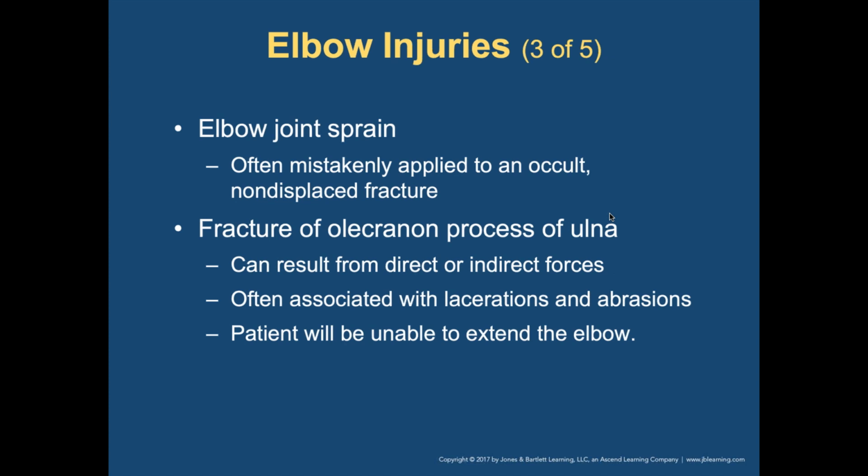Next, elbow joint sprains. You're going to have to put that arm back in place. I mean, not the shoulder back in place, because that may or may not happen. But you can't transport the guy like that.